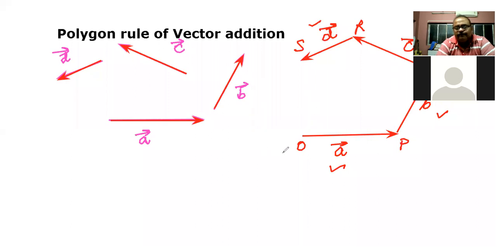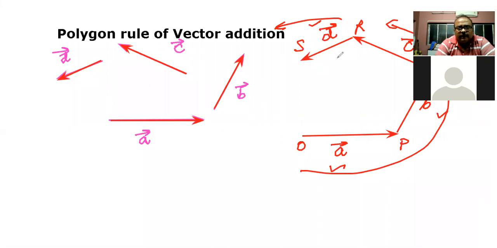These four vectors are represented both in magnitude and direction by the four arms of a polygon taken in the same order, like the triangle law. Taken in the same order means I am taking them in the same order like this. If I take them in the same order, then what will happen? Very, very important: the same logic you applied in your triangle law of vector addition, you apply over here.